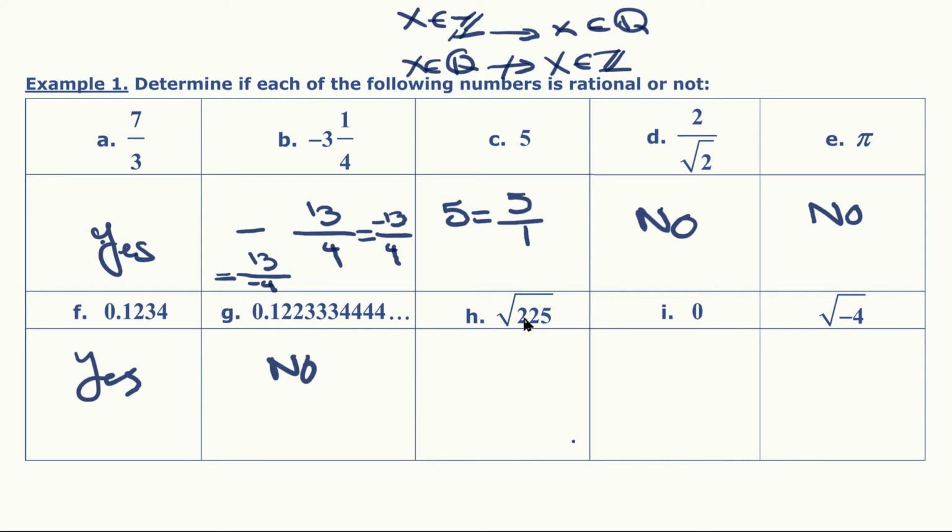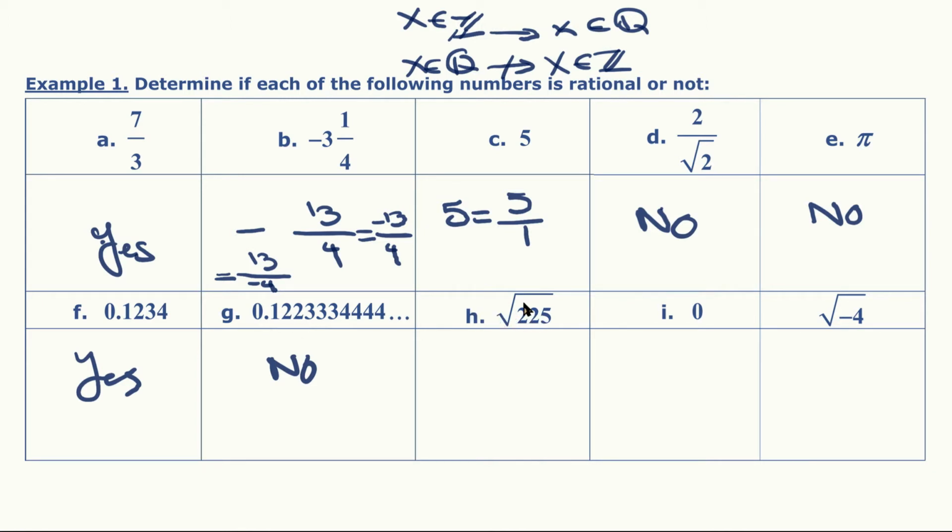All right, so how about this one? Well, if you're familiar with square roots, you know that the number that you have to square to get 225 is what is meant by the square root of 225.